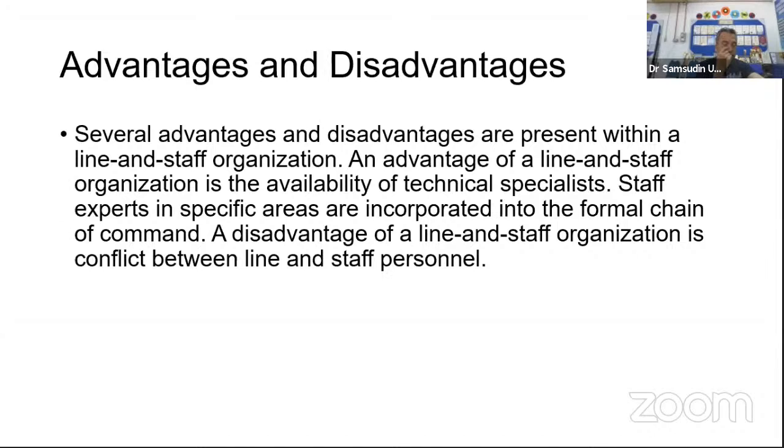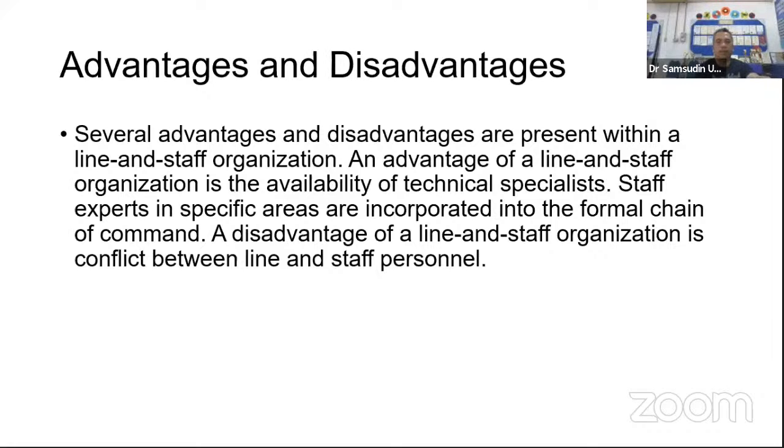This slide is about the advantages and disadvantages. Several advantages and disadvantages are present within a line and staff organization, in the large organization. But in a small organization, maybe we cannot see there is a problem. An advantage of a line and staff organization is the availability of technical specialists. When we have this combination, this integration, of course there is expertise.